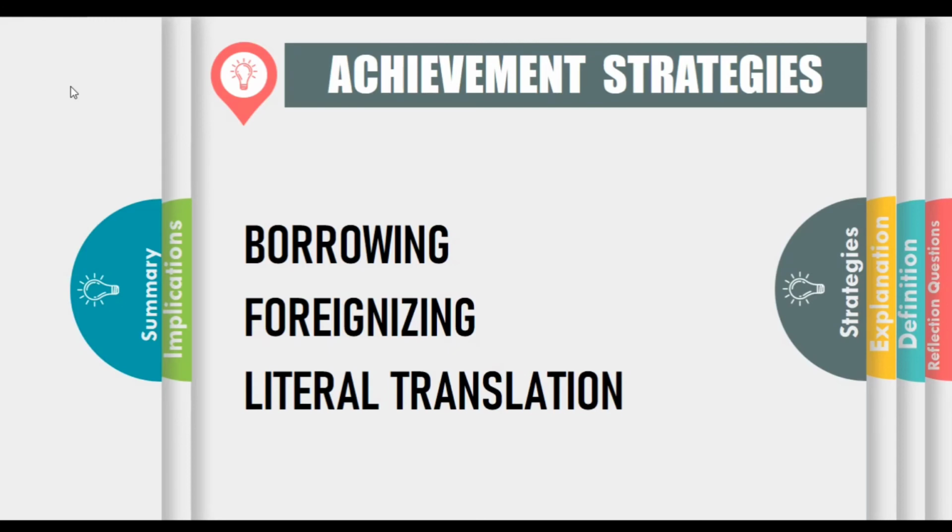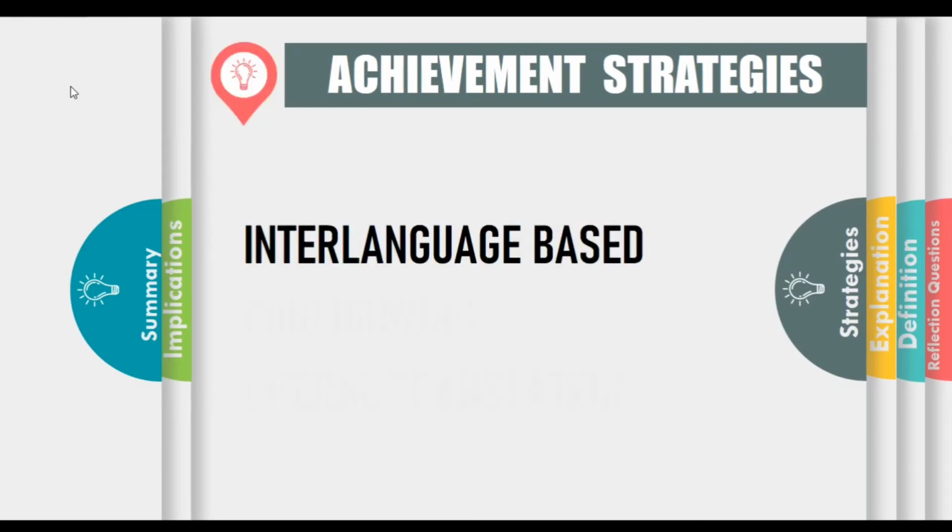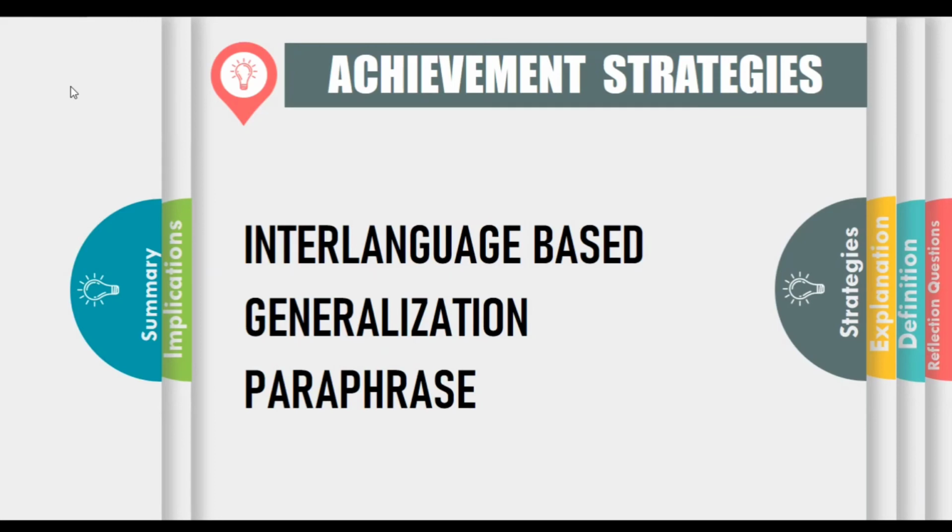However, achievement strategies become much more interesting when they are based on the learner's actual interlanguage. That is, when learners try to use their present knowledge and skills and stretch them, so to say, to their limits. It is this active use of one's limited resources that I think we should be particularly concerned with. The first area of strategies has to do with generalization and approximation.